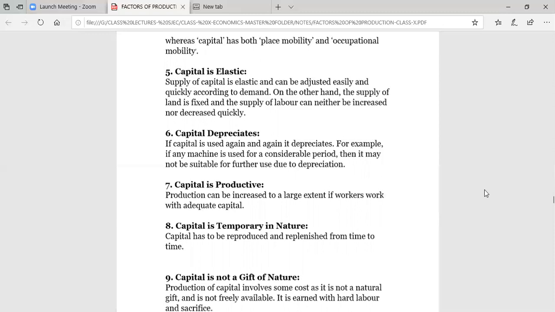Capital depreciates. You know the meaning of depreciation. You are a commerce student, I think you have heard the word depreciation. Depreciation means gradual decrease in the value of the assets, as well as the life of the assets. Whenever you deploy a machine, with the use of the machine, the value of the machine gets decreased and the life of the machine as well.